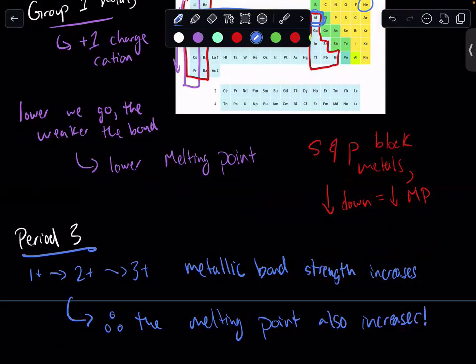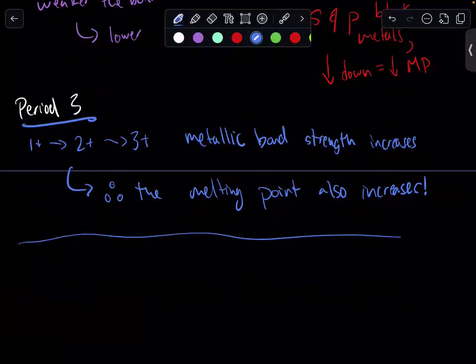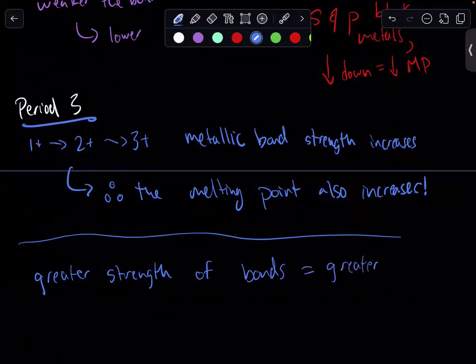That's the trend. The last thing I'm going to leave you with is that when we look at metals, greater strength of bonds also equals greater hardness. We can see this with sodium, magnesium, and aluminum.